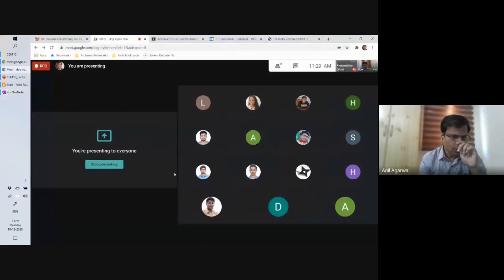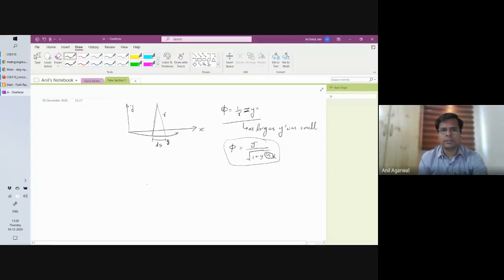Okay. So there are different types of geometric nonlinearities, or various sources of geometric nonlinearities. One is your P delta effect. So P delta effect, again, it could be because of geometric imperfections.